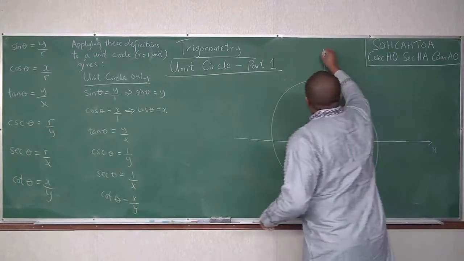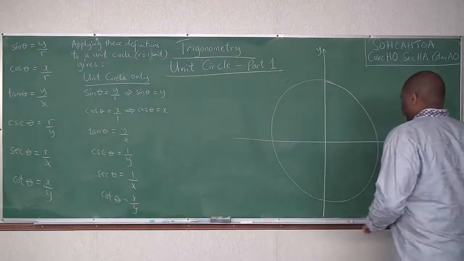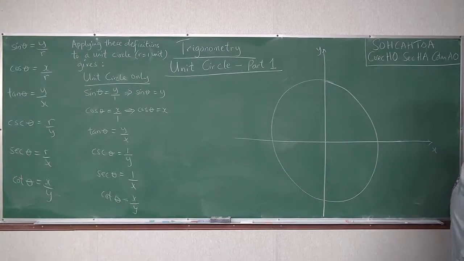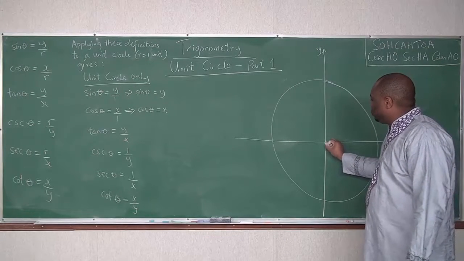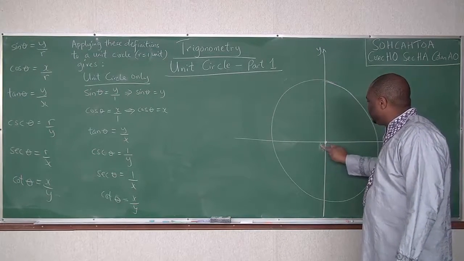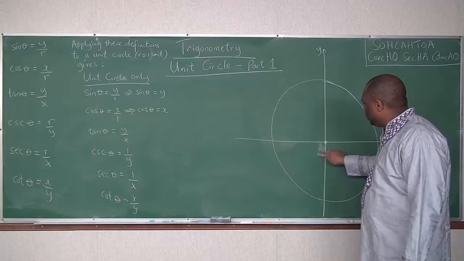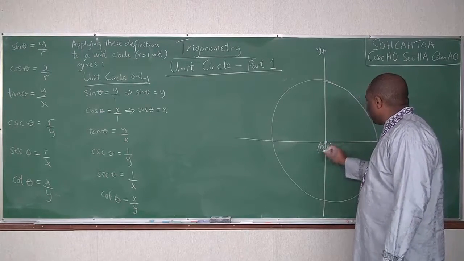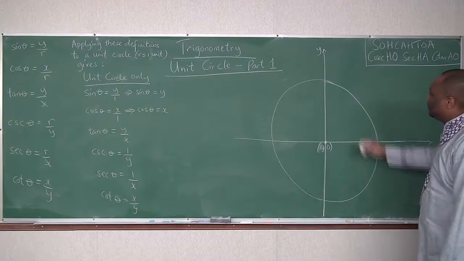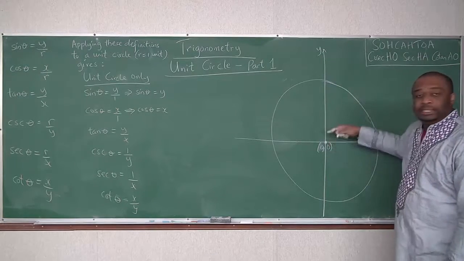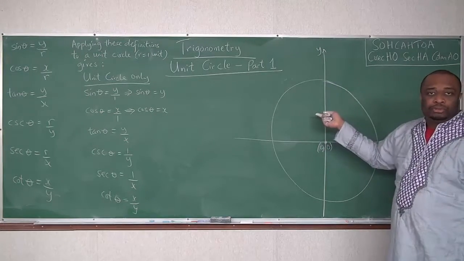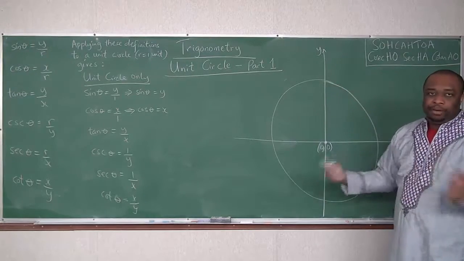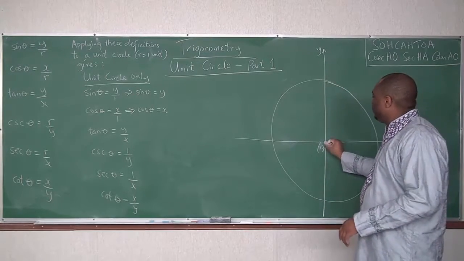We will find our quadrantal angles first. So, the center of the circle, as usual, is at the origin, 0, 0. And of course, the radius is the distance from the center of the circle to any point of the circumference.